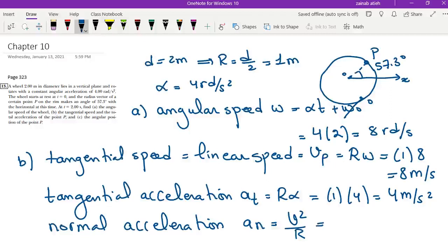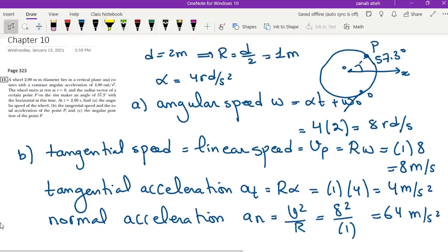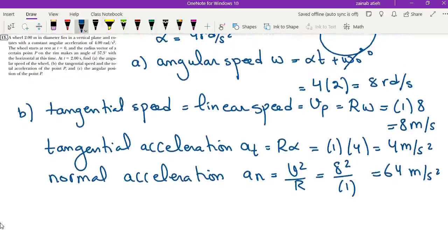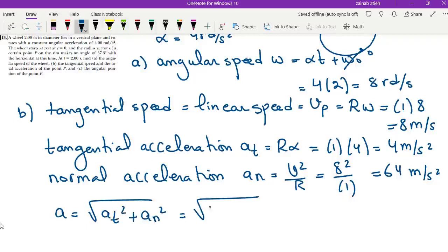I've got v squared, it's 8 squared over r, which is 1, so I will get 64 meters per second squared. So now I've got the tangential and the normal acceleration. The total acceleration A is equal to radical at squared plus an squared, it's equal to radical 4 squared plus 64 squared, and we will get 64.1 meter per second squared.